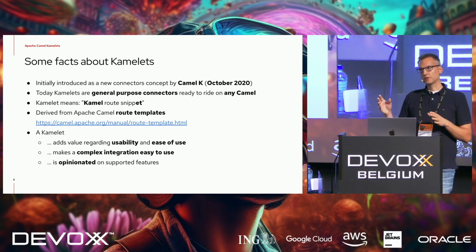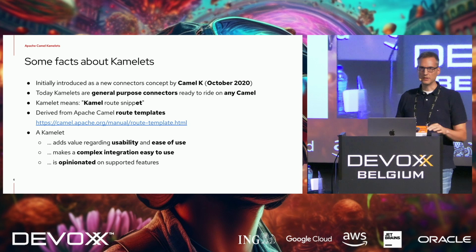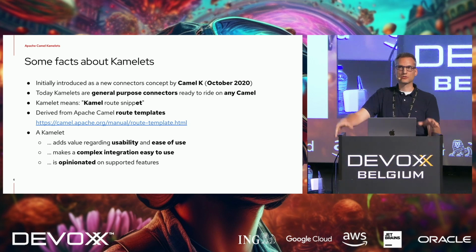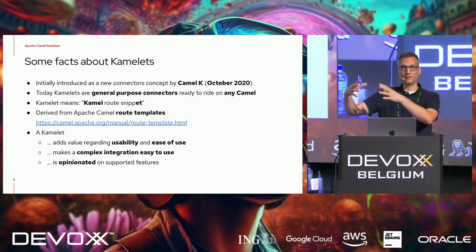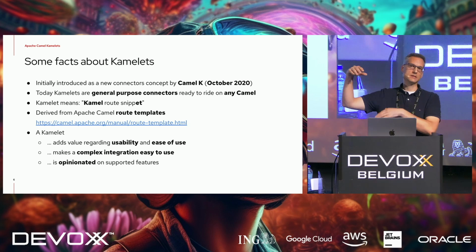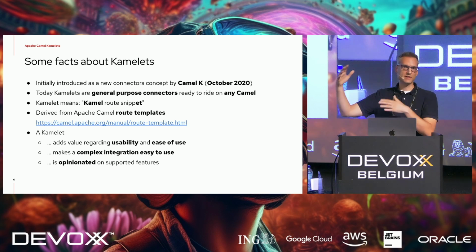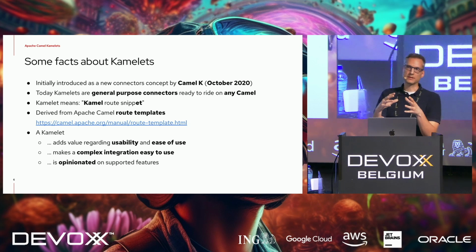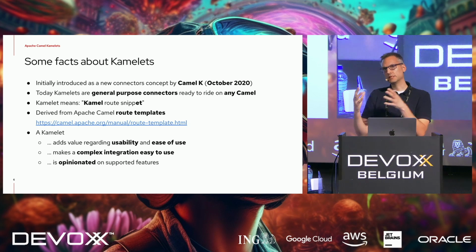This is reached with a kind of opinionated process. A Camelet will always shrink down a bit the functionality of a Camel component. A Camel component may have a huge list of properties and a huge list of supported features, and the Camelet tries to shrink this down to gain ease of use, to reduce complexity and to hide complexity.